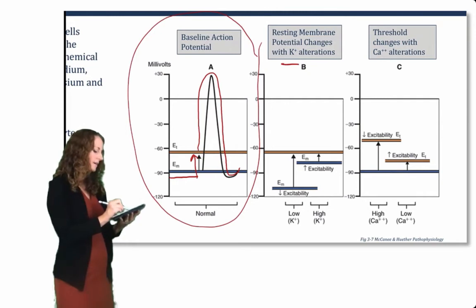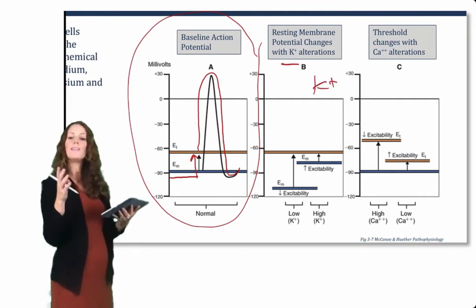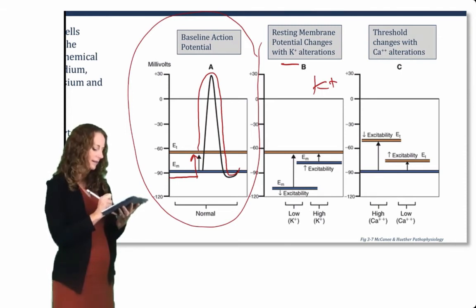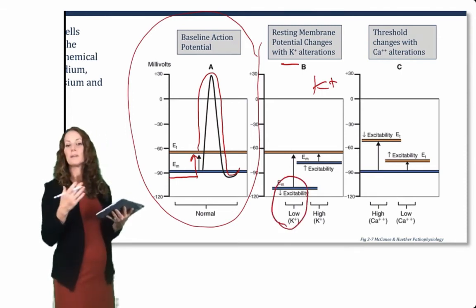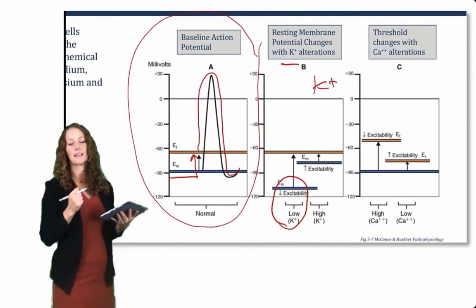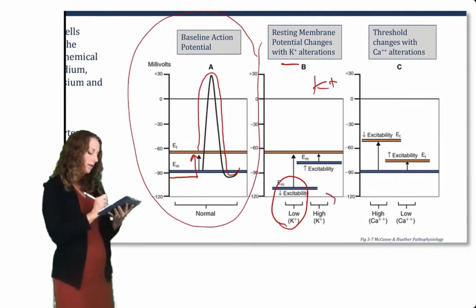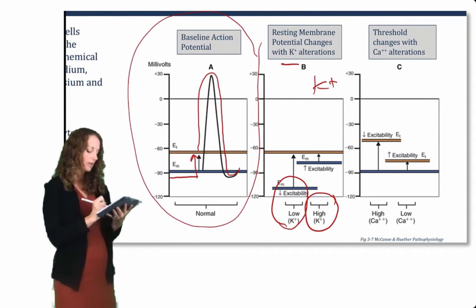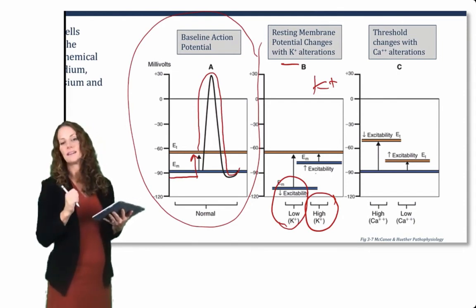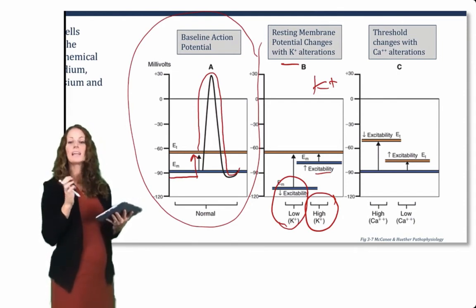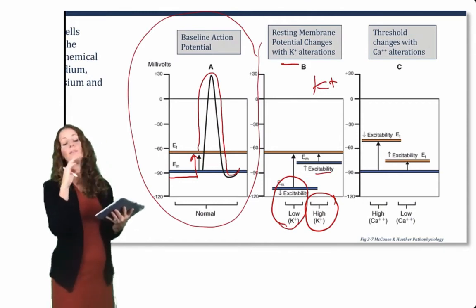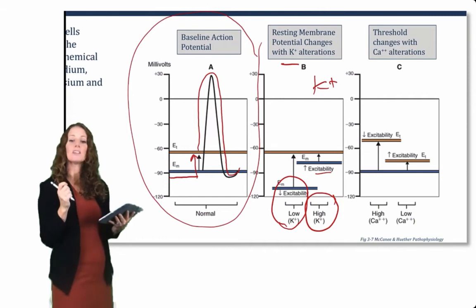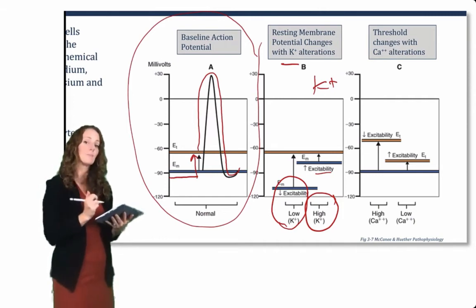Here's the potassium changes. When you have low potassium, you have a decrease in membrane potential and a decrease in excitability. When you have high potassium, you have an increase in membrane potential and an increase in excitability. As we discussed previously, both of those can lead to difficulty ultimately in generation of these stimuli or these action potentials.